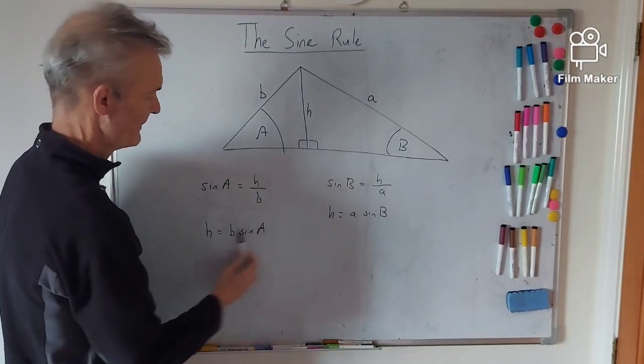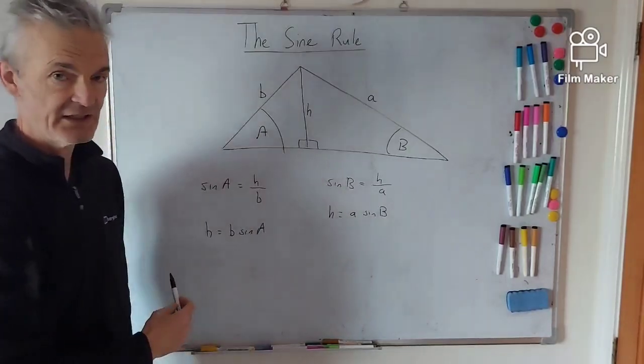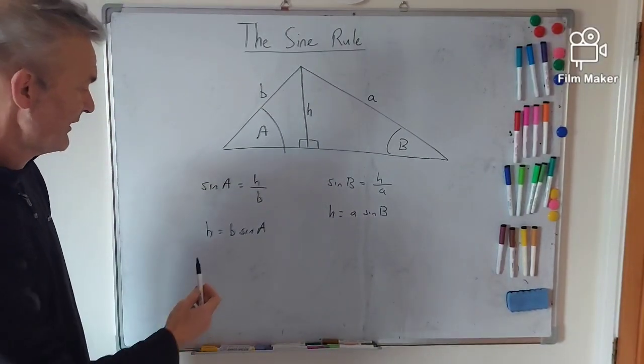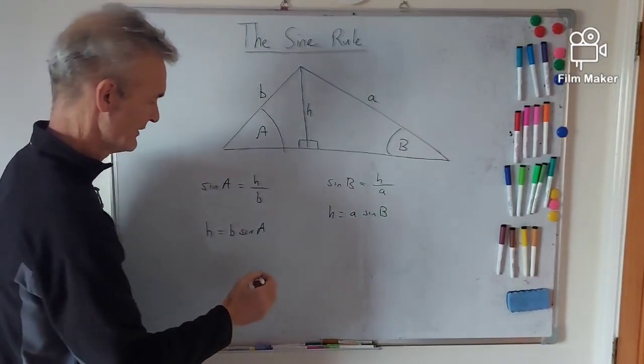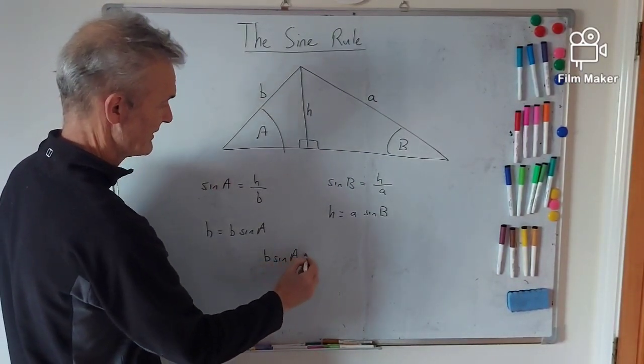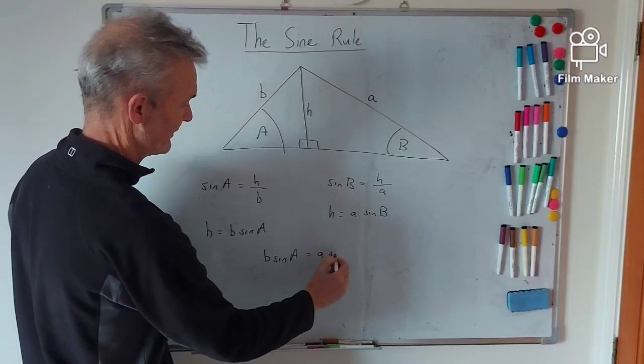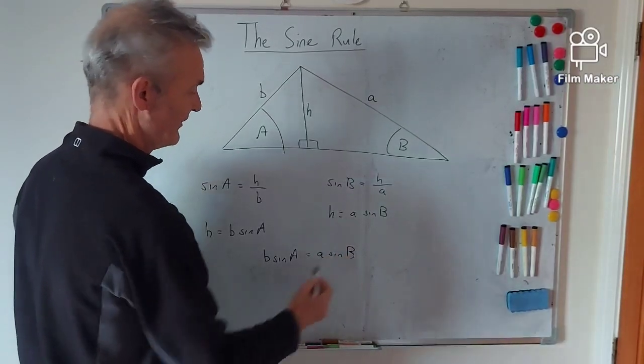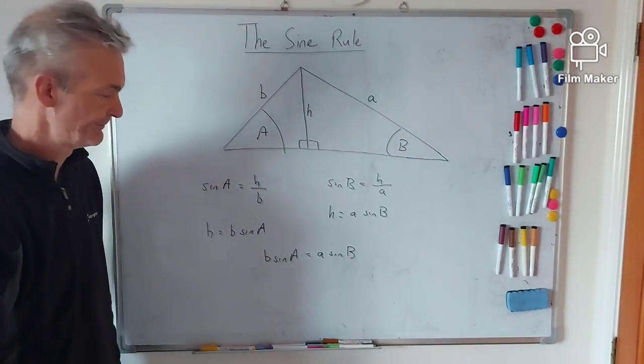And I've arranged both these equations so that they are H equals. The reason I've done that is because I want to set them equal to each other. So I can say from this point that B sine A equals A sine B, because they both equal H, so they must equal each other.